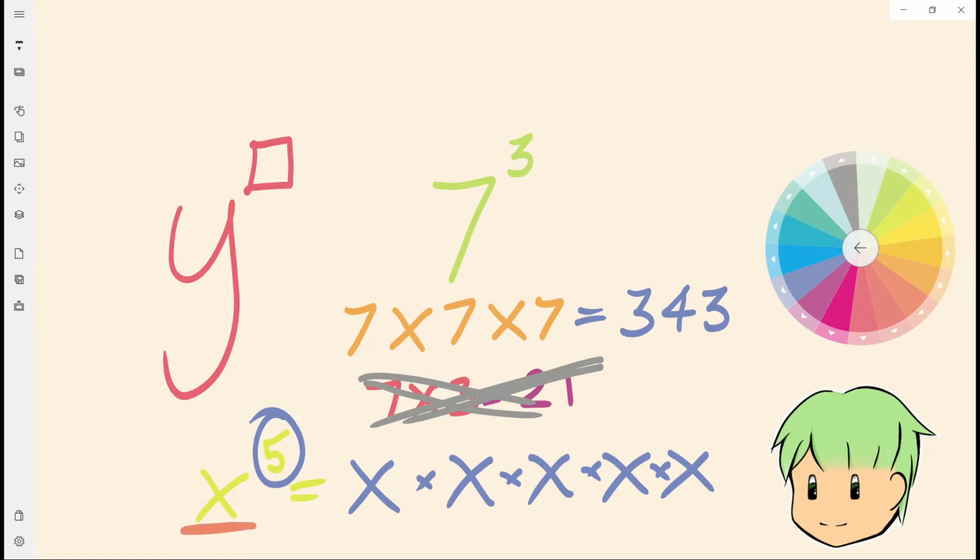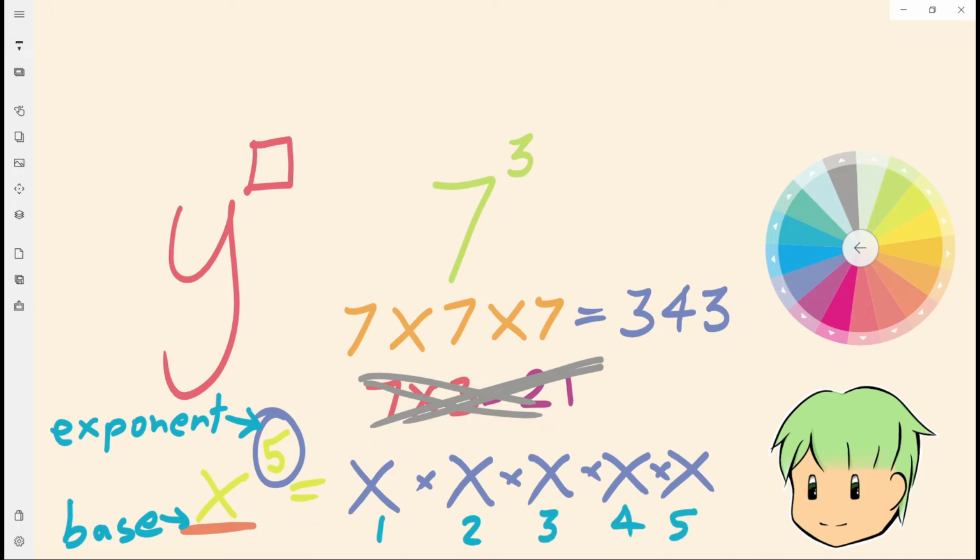In this case, we say that x is raised to the 5th power. X is the base, which is the number that is being multiplied to itself. 5 is the exponent, representing the number of times the base multiplies to itself. The exponents 2 and 3 have special names. When you multiply a number by itself twice, which is an exponent of 2, it is being squared.